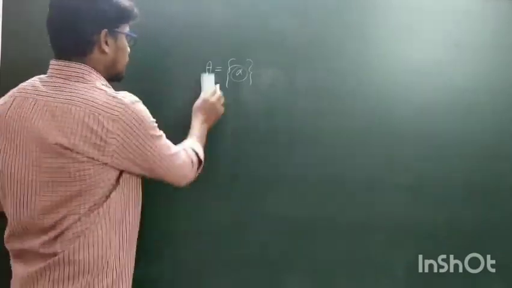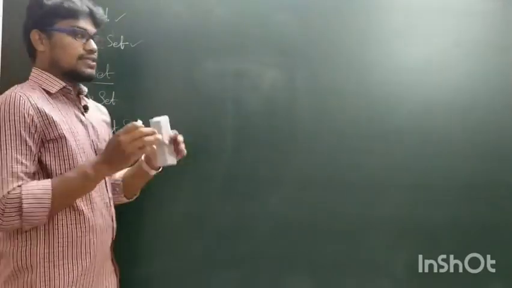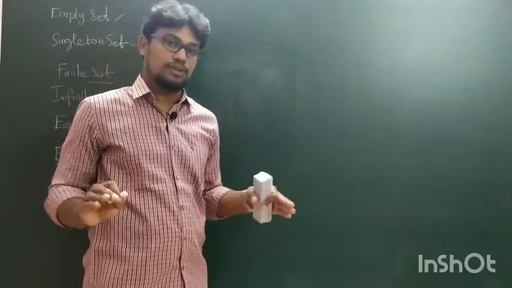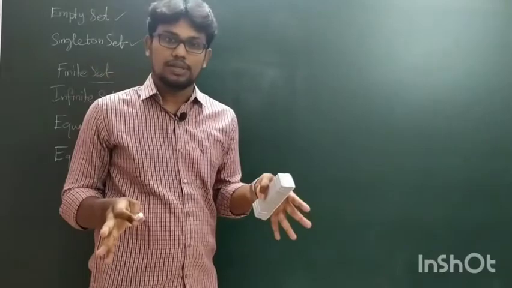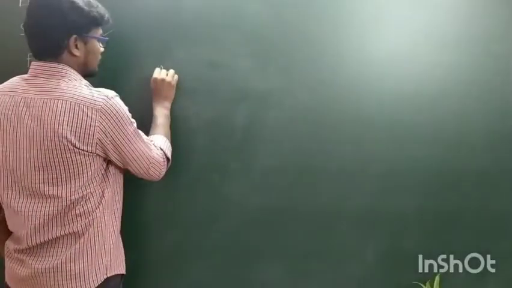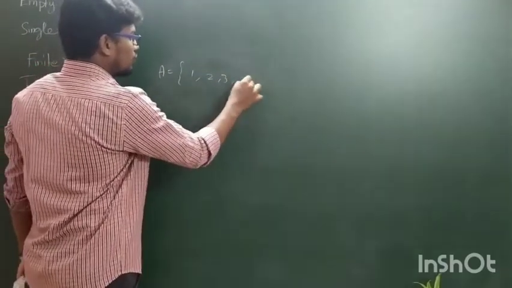So the third definition is what is called a finite set. A set which has a finite number of elements is called a finite set. Just ignore what the elements inside the set are; they could be any kind of element. Say A has elements 1, 2, 3, 4, like this.